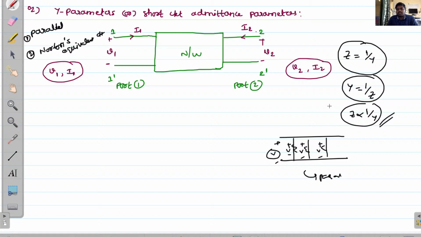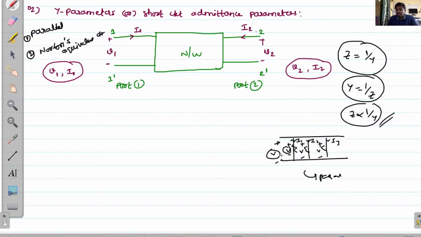In this parallel circuit, what will differ? That means current. In order to satisfy the same common voltage, the current will change, right? I1, I2, and I3. For parallel circuits, current differs and voltage should be the same. This current value depends on this voltage.